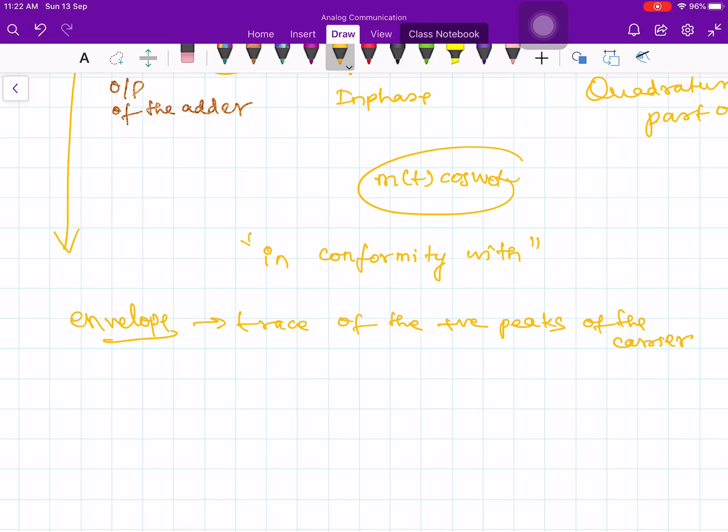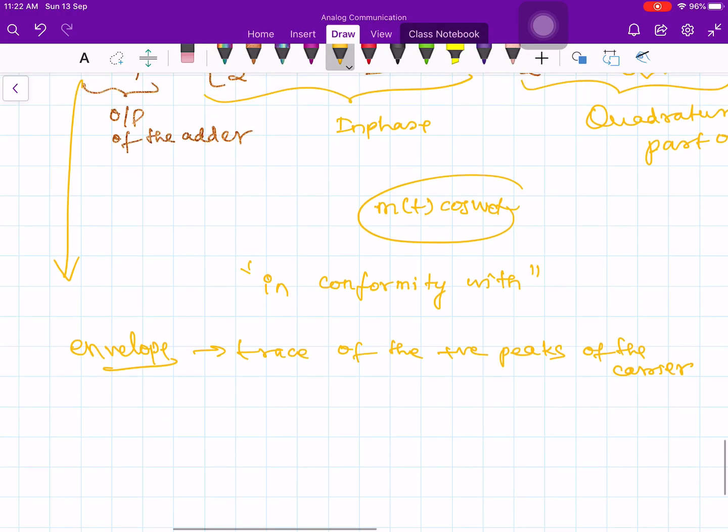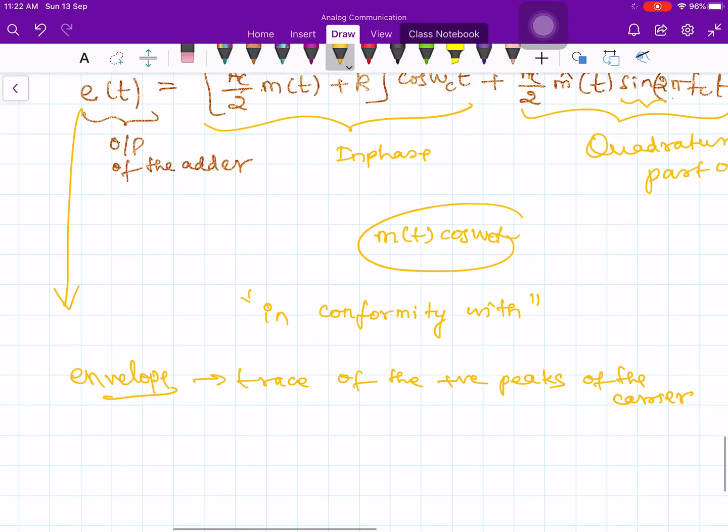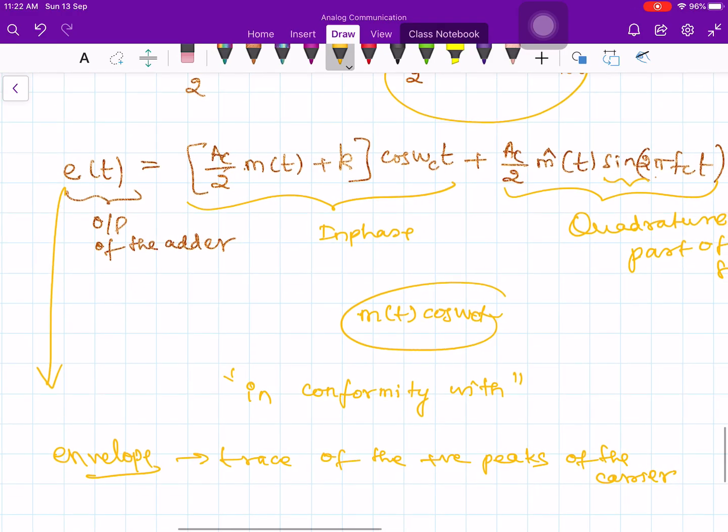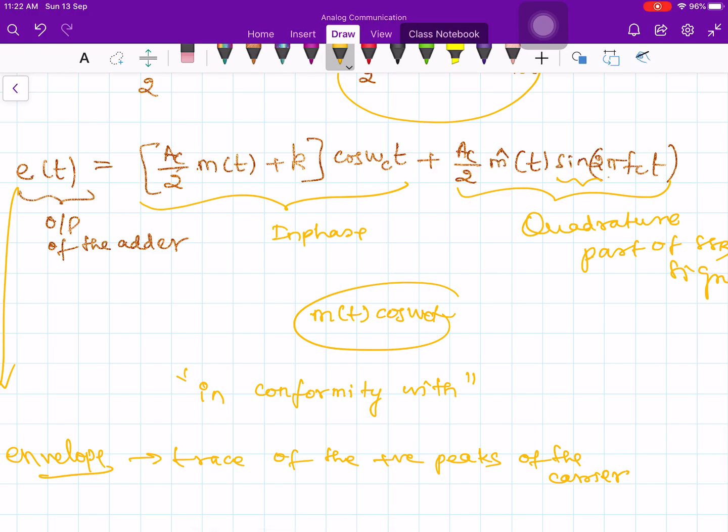Okay, so to understand how we can identify the envelope, one can rewrite this equation as follows in the form of amplitude and phase form. So, that E of t can be written as R of t times cos of omega ct plus theta of t.